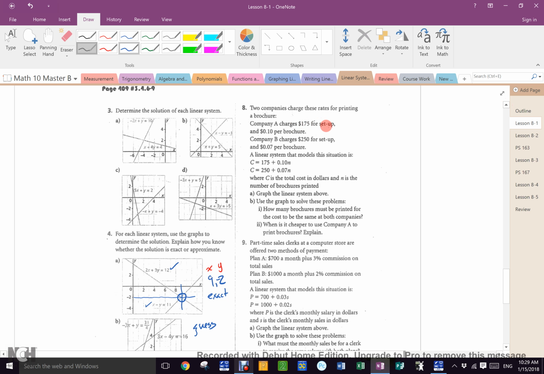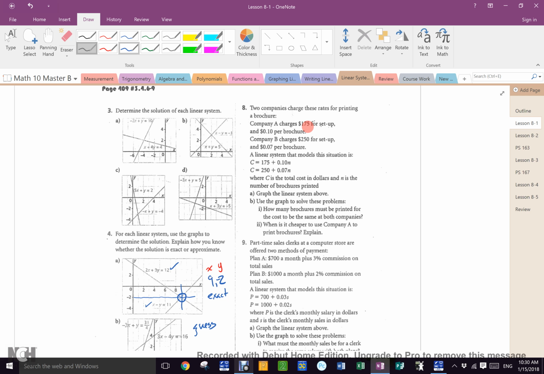Okay. So company A, what are the two things that are being counted there? What are your two variables? What are the two things that can change? Pardon me? The number of brochures you're printing and the cost that it's going to cost to print them, right? Which of those is independent? X or Y?